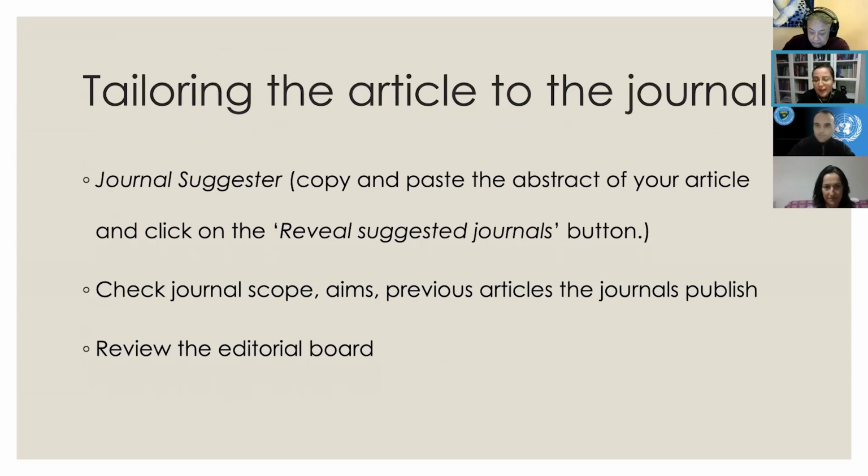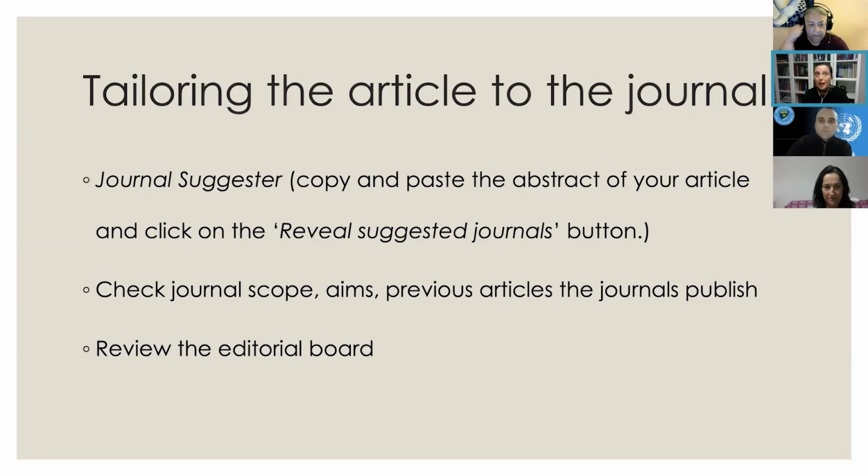You may copy and paste the abstract of your article, right? And click on Reveal Suggested Journals button. And there, the system will list the journals that your paper may have the opportunity to get published, right? So you may try this tool to ensure that your paper is suitable for those journals.